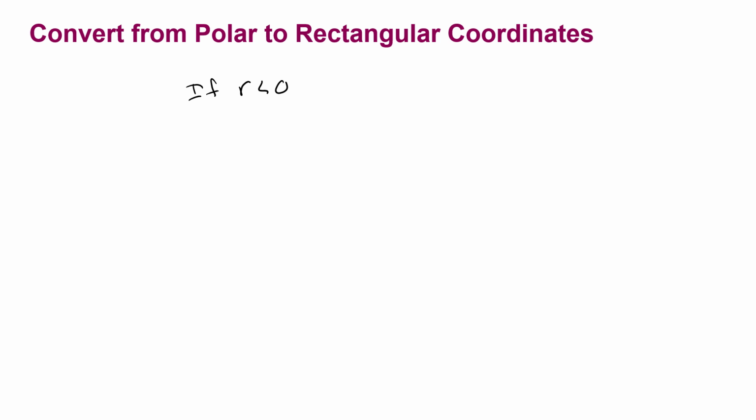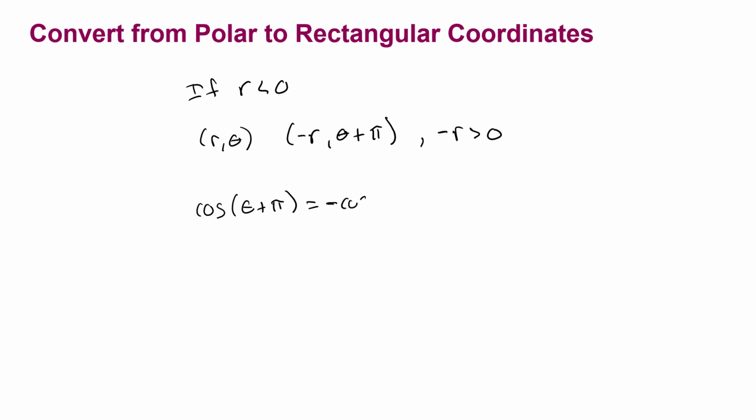So let's consider the scenario if r is less than 0. Then the point we are converting, r, theta, can also be represented as negative r, theta plus pi, where negative r would be positive since r is less than 0. Because cosine of the quantity theta plus pi equals the negative of cosine theta, this equals x divided by negative r, and therefore x will equal r cosine theta.